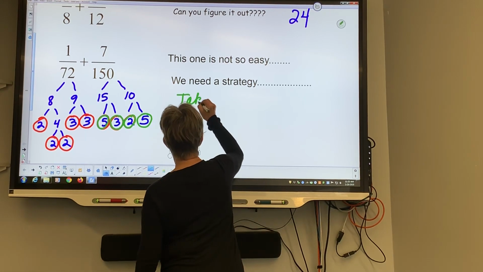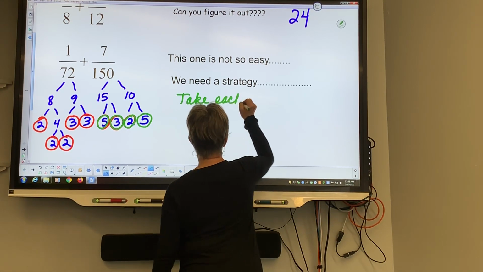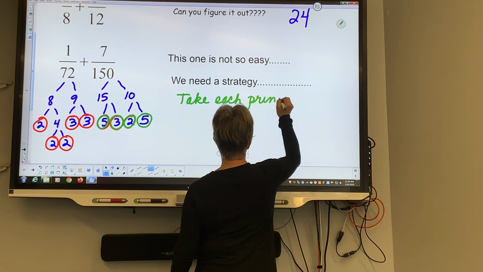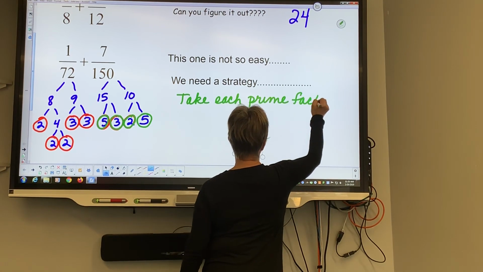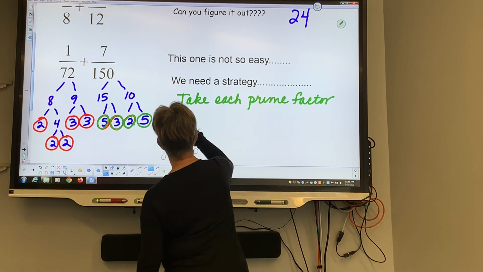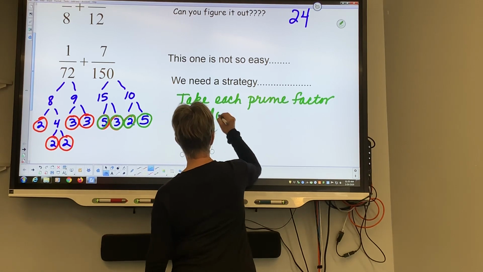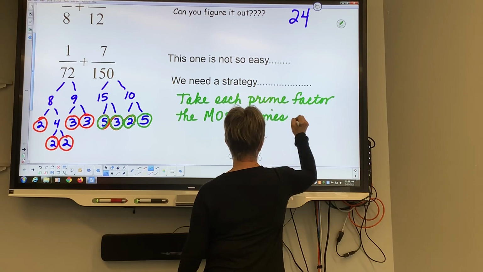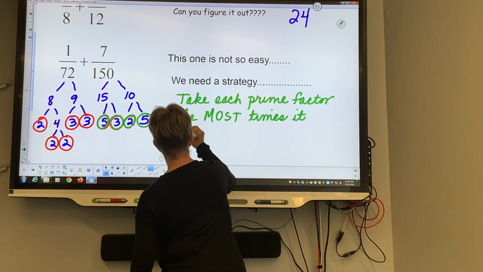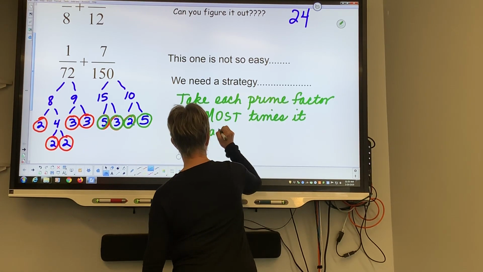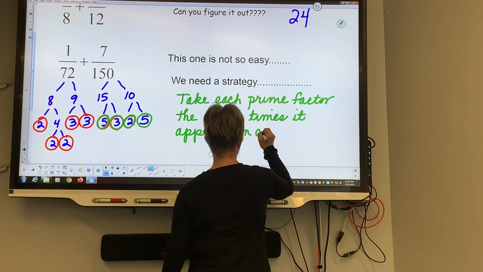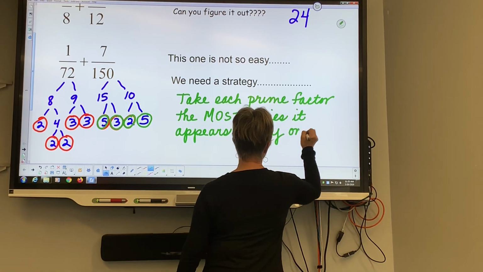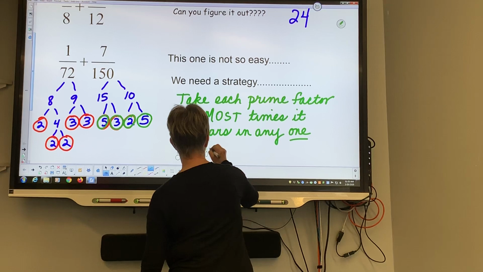Take each prime factor the most times it appears in any one denominator.